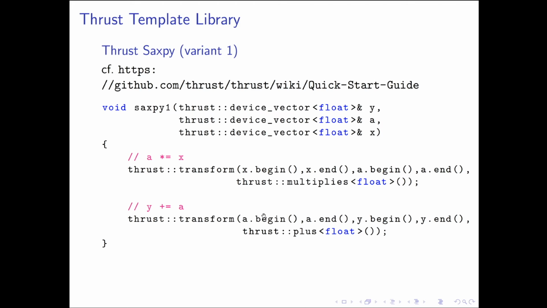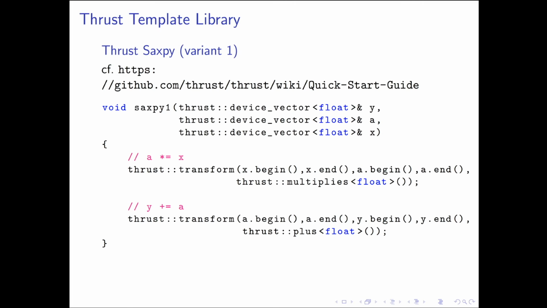And now we transform the vector by just adding what is already in A to Y. And for that we use the plus functor. So one caveat here being that we're having to call two different kernels. We first call Thrust transform for one kernel for the multiplication, and then we call a second kernel for the addition. So that might have certain performance impacts.